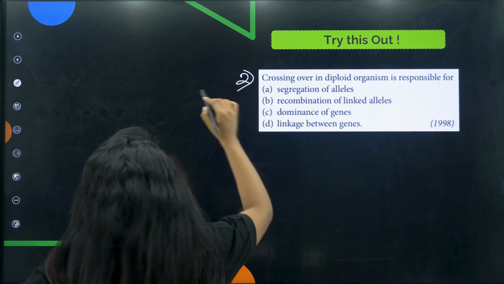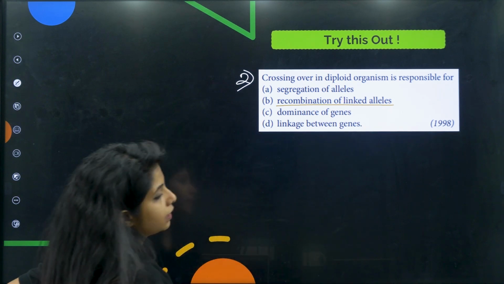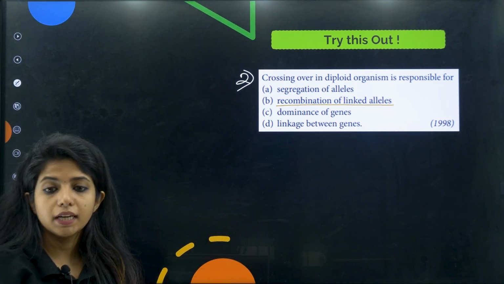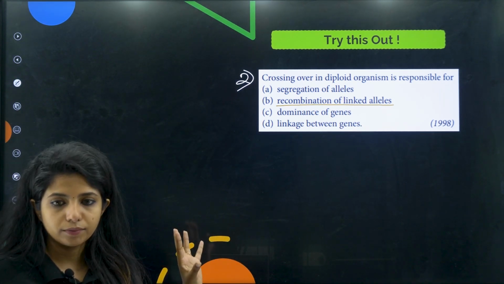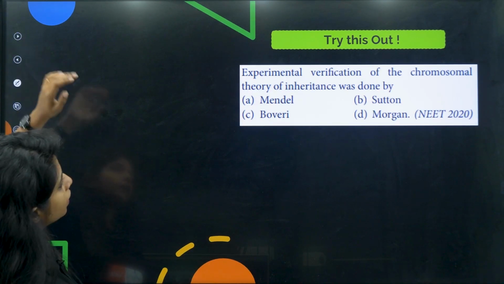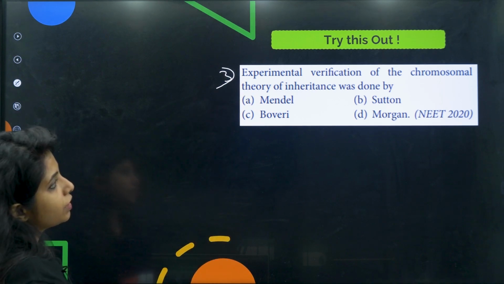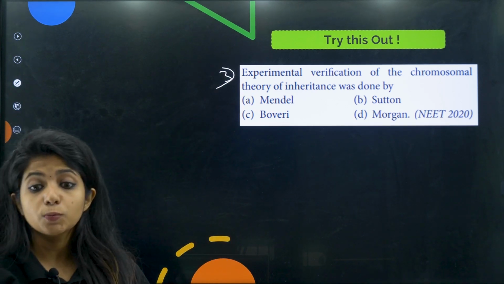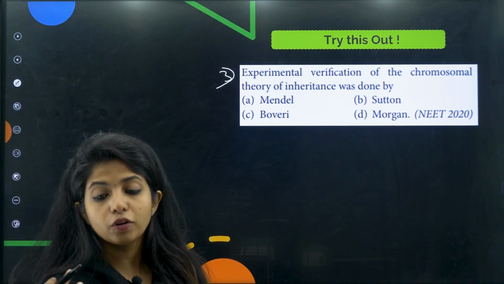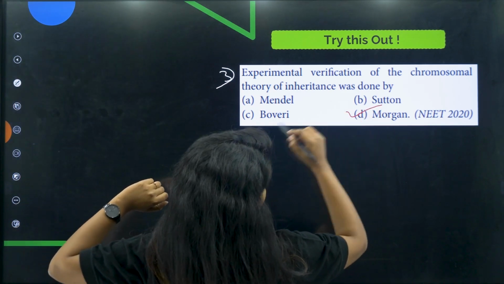Crossing over will be responsible for recombination of linked alleles. It can be more linked or less linked, but anyways, recombination could be found. So crossing over results in recombination. Going ahead, this is the third question. Experimental verification of the chromosomal theory of inheritance was done by Mendel, Sutton, Boveri or Morgan. I told you there is only one person for experimenting, and it was Morgan.